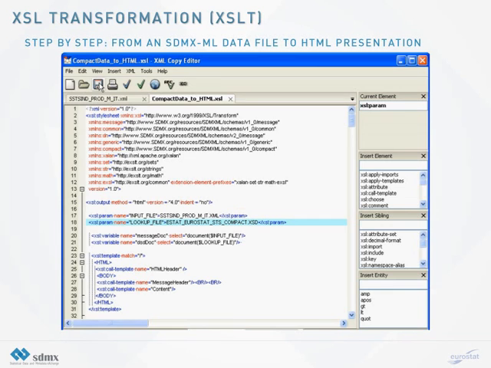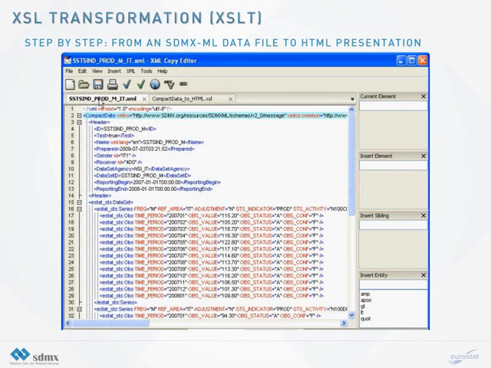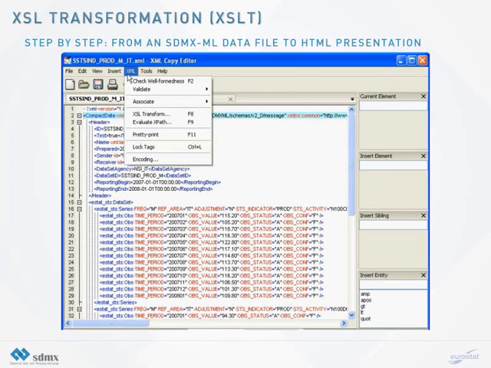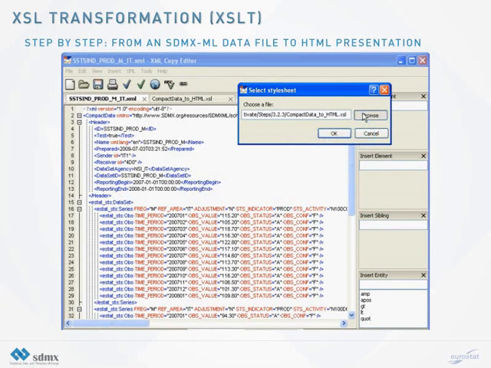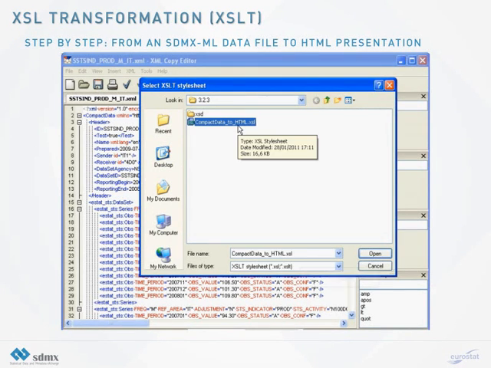Since we had our data file previously loaded in the XML editor, we select the action Transform for this file, selecting the transformation file we changed before. We go to the XML menu and select XSL Transform, where we select the transformation file we are going to work with.